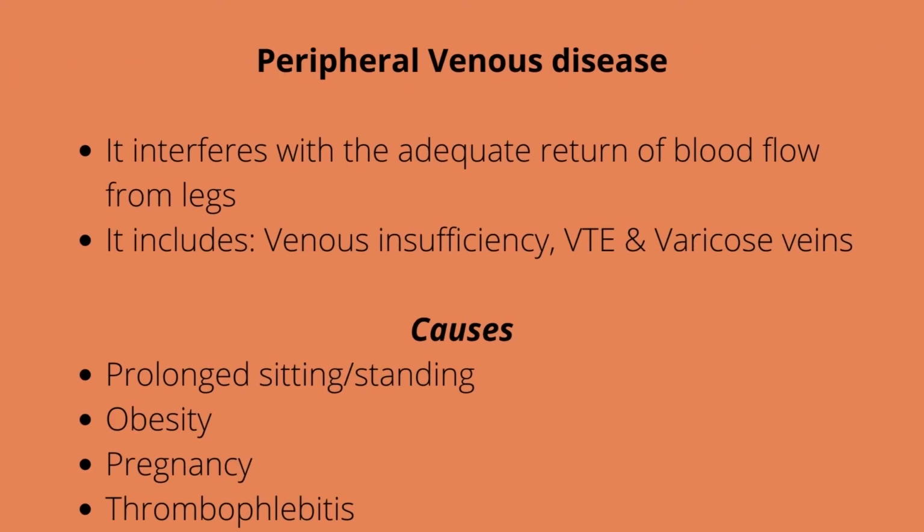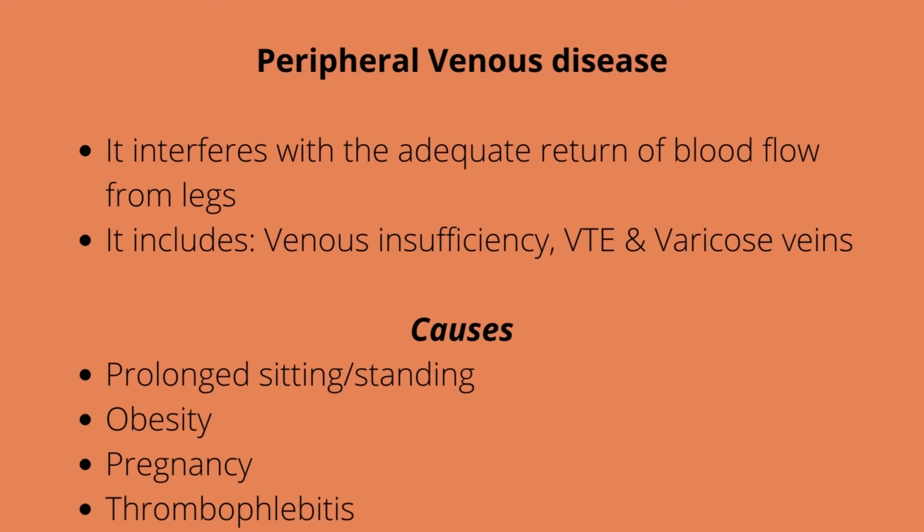With peripheral venous disease, it interferes with adequate return of blood flow from the legs. It includes venous insufficiency, VTE, and varicose veins. What are the causes of peripheral venous disease?